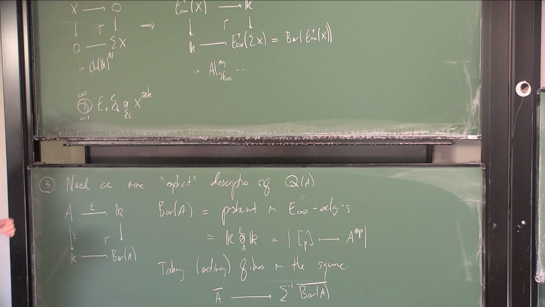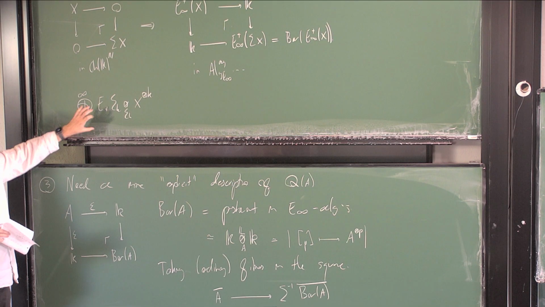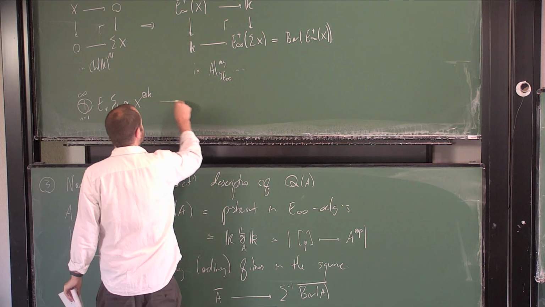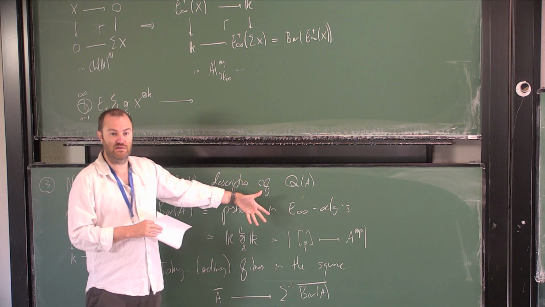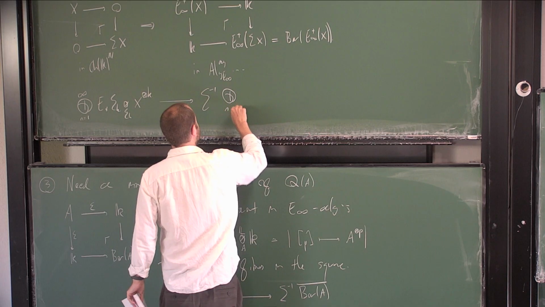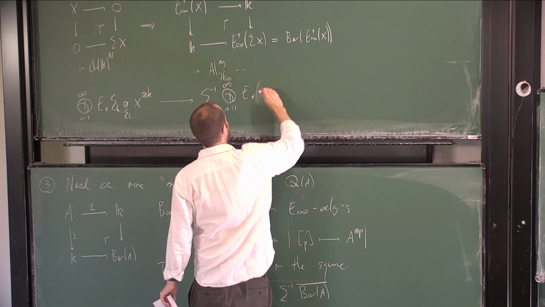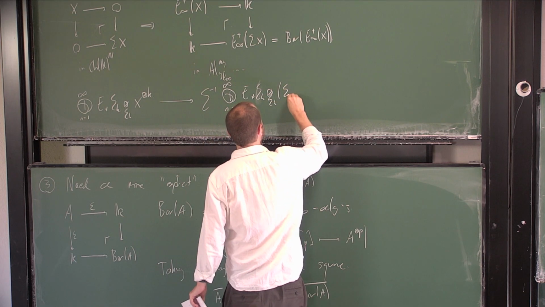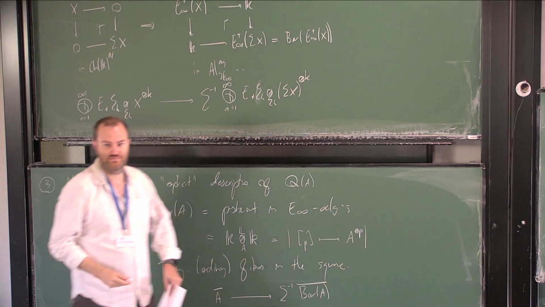So A overline is the augmentation ideal, which means I skip the n equals 0 component, which is the unit of the algebra. Just got rid of the unit. And then there's this map to the D suspension of the overline of the bar version. And then here there's a suspension of X, and then I go taking tensor powers.